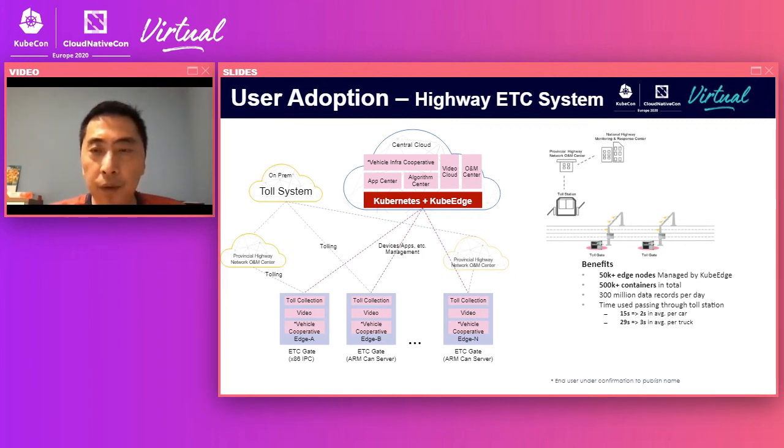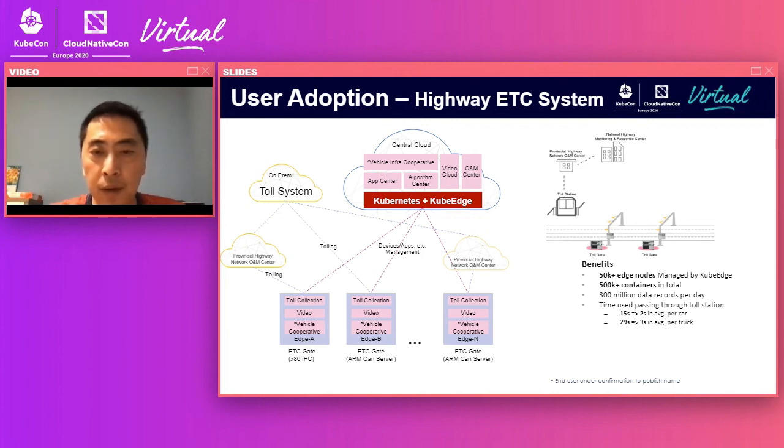The edge also has heterogeneous hardware. Some have x86 servers. Some are using ARM servers in their gate. All of our edge nodes are controlled by Kubernetes plus KubeEdge.